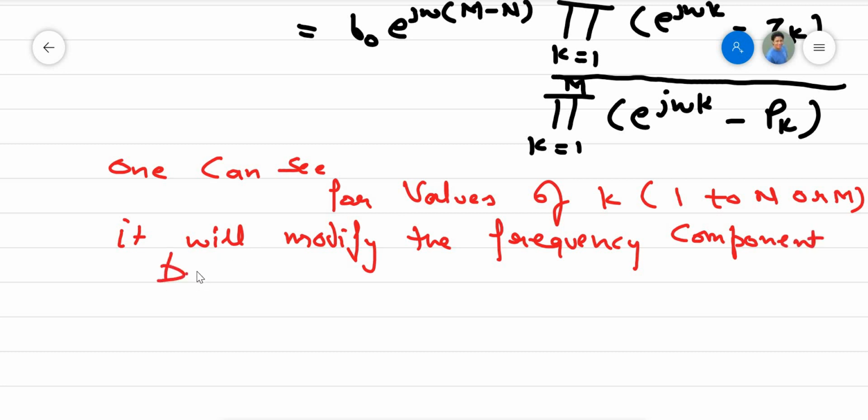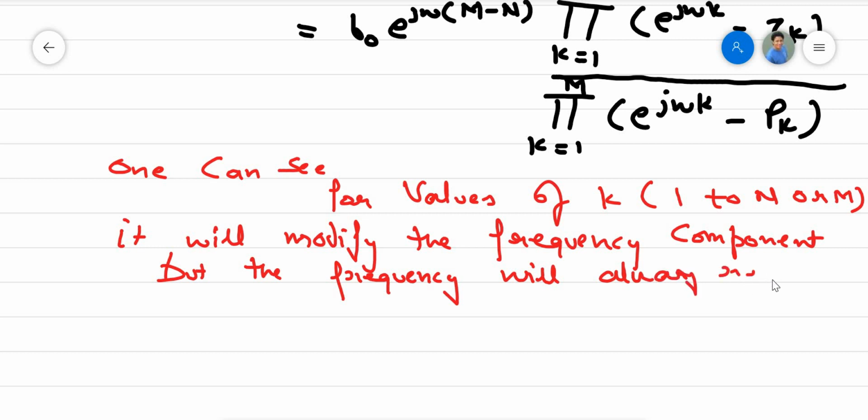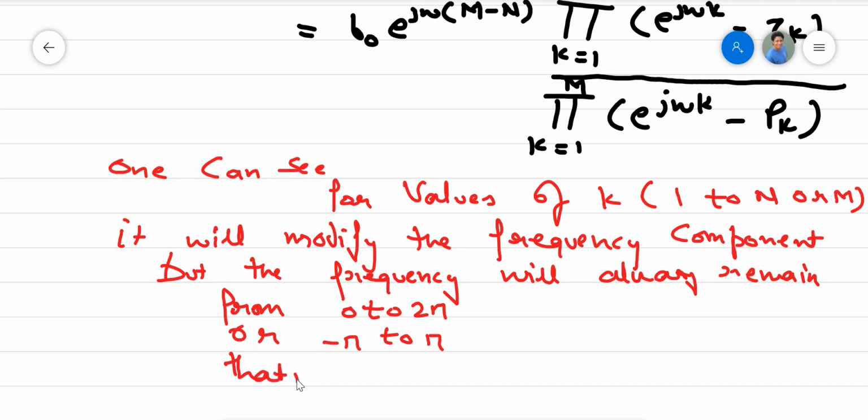But the frequency will always remain from 0 to 2π, or minus π to π, that is, over a circle.